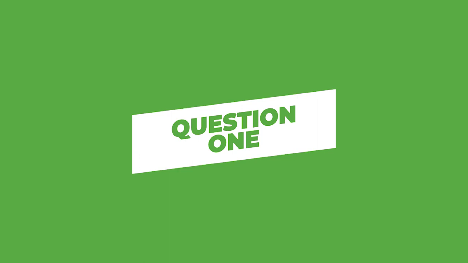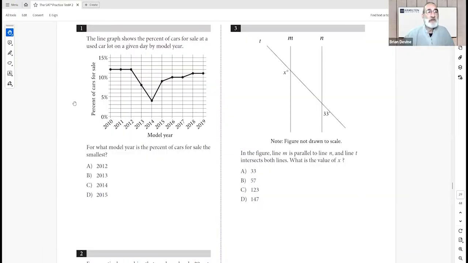Module 1, problem 1. The line graph shows the percent of cars for sale on a given day by model year. So model year is the horizontal axis. That's what's going into this function or representation, and the percent of cars for sale that particular day that they took it in that particular year.